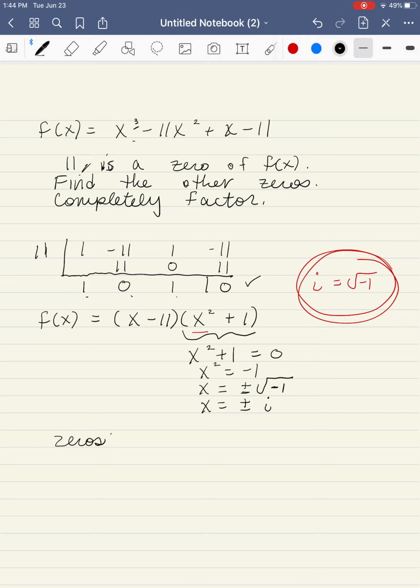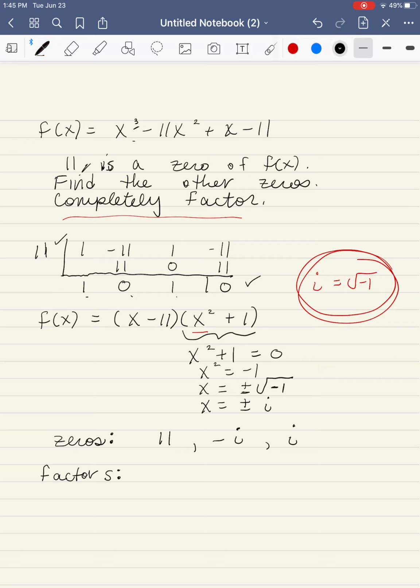So this is x equals plus or minus i, the imaginary number i. So my 3 zeros of this polynomial are the 11 that I was given, negative i, and positive i. And that is my 3 zeros.